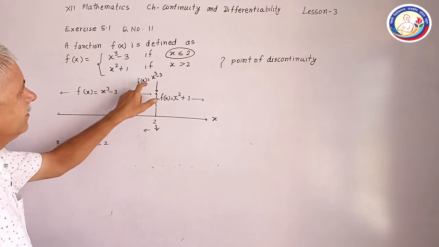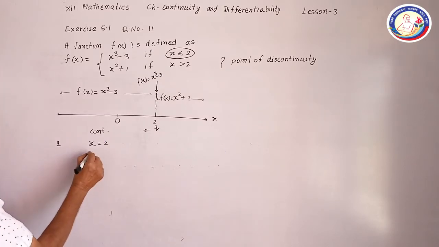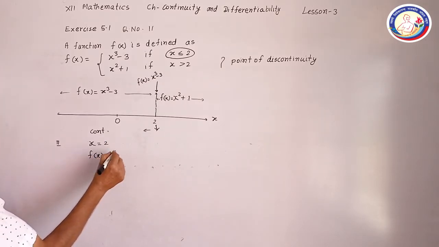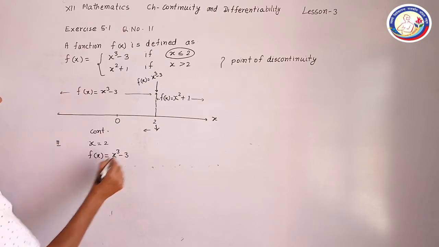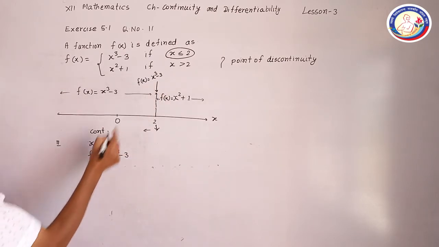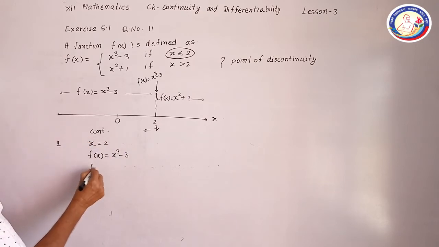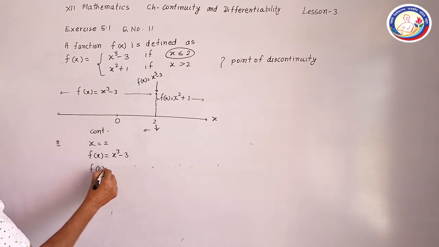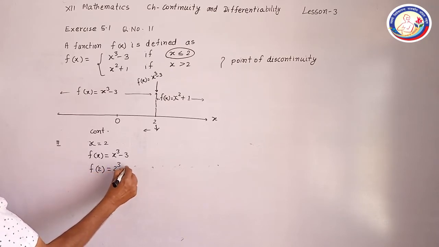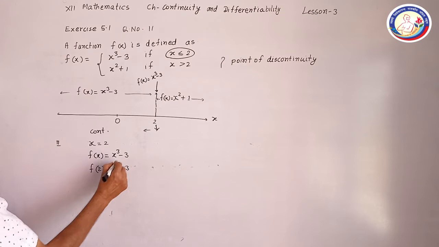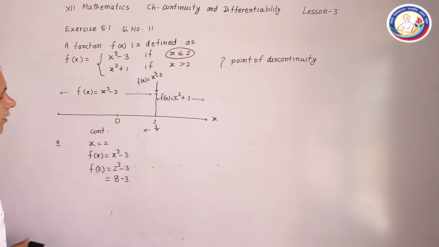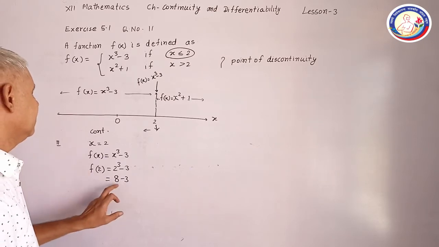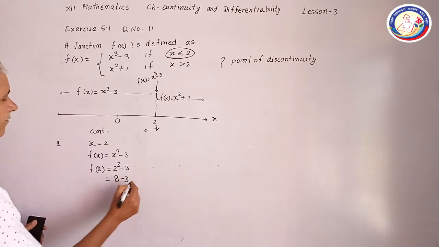It is given by f(x) equal to x cube minus 3. Put 2 here and you will get f(2), the value of the function at 2, which will be 2 cube minus 3. That will be 8 minus 3. The cube of 2 is 2 into 2 into 2, that is 8. 8 minus 3 gives us 5.